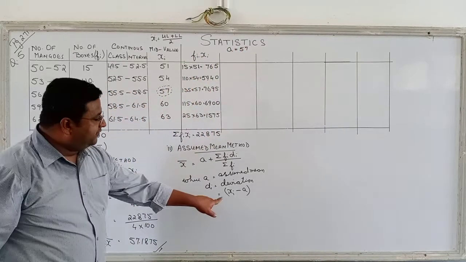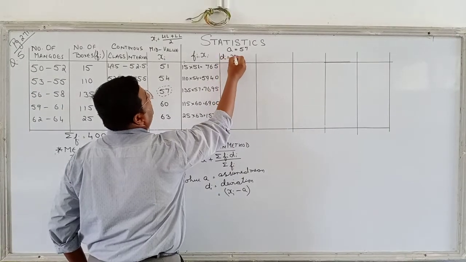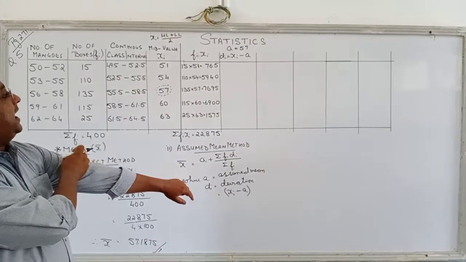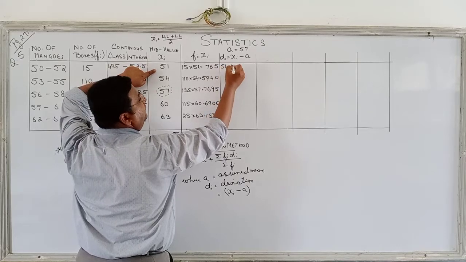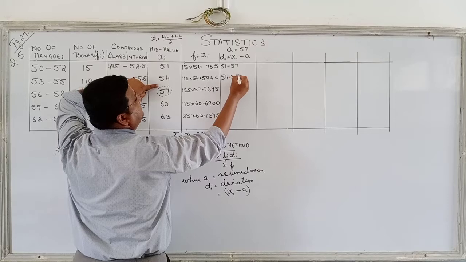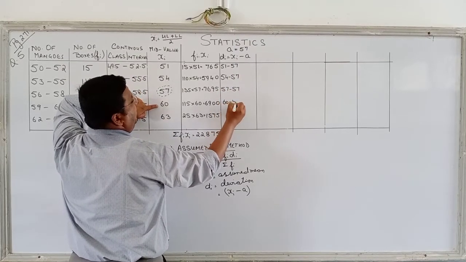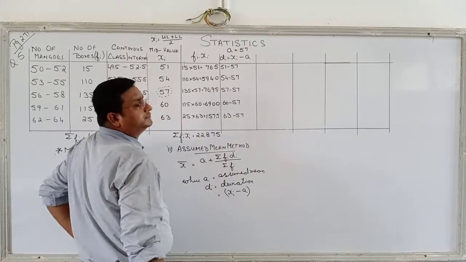So our first column will be di. So di is equals to xi minus A. So we already have xi. 51 minus 57, A is 57. 54 minus 57, 57 minus 57, 60 minus 57, and 63 minus 57.